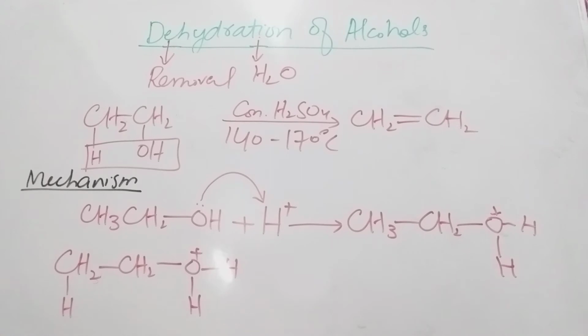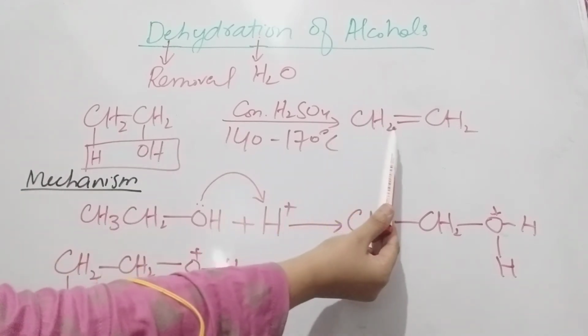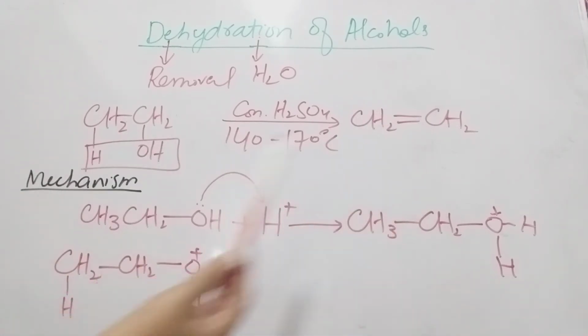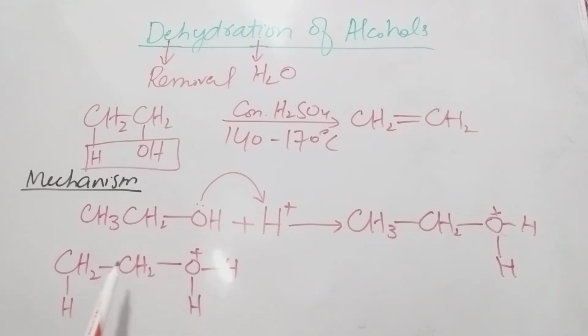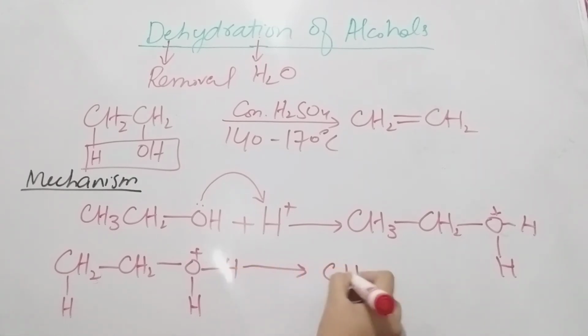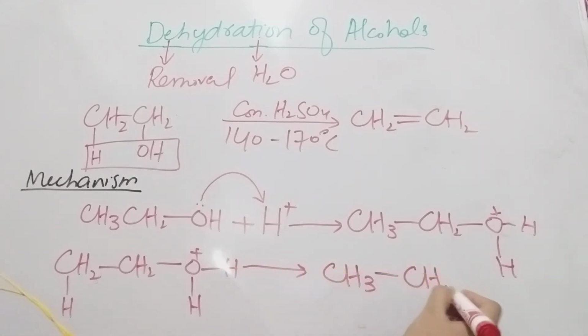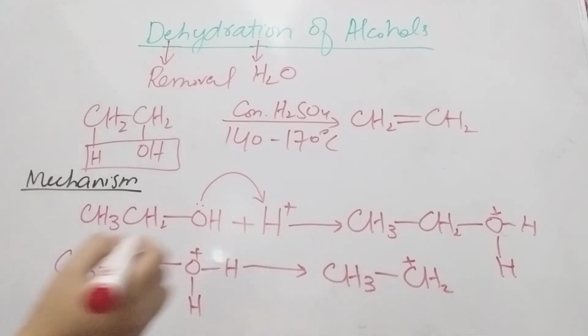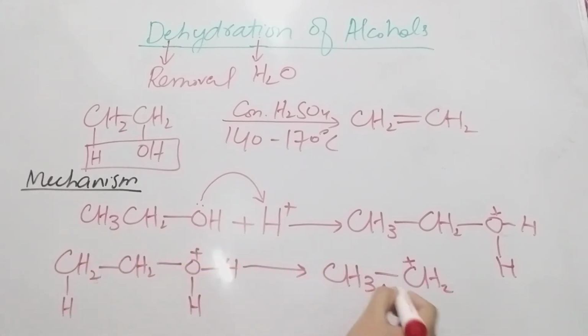For the formation of alkene, keep in mind the product in front of you. Here is CH2, and from here the water will get removed, and after the removal of water you will have CH3CH2 positive. This is basically a primary carbocation.